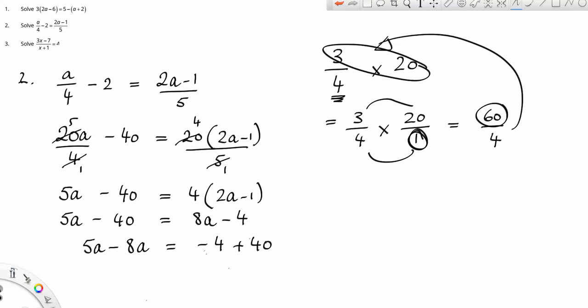And so 5a minus 8a is minus 3a. Minus 4 plus 40 is 36. And so then divide by minus 3 and we're going to get a equals minus 12. And that is the second question.